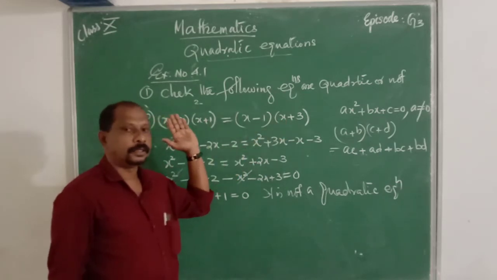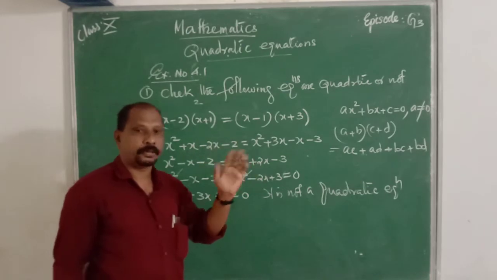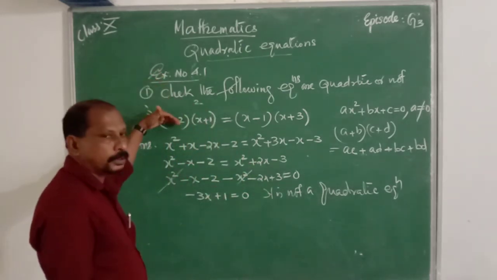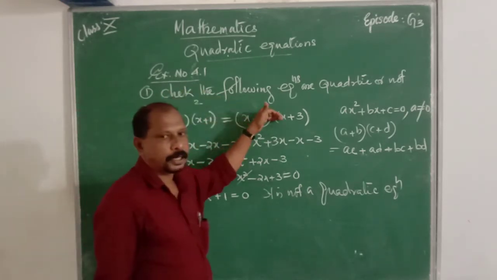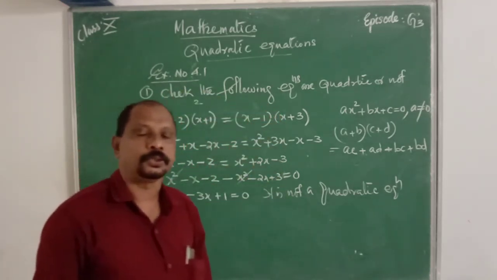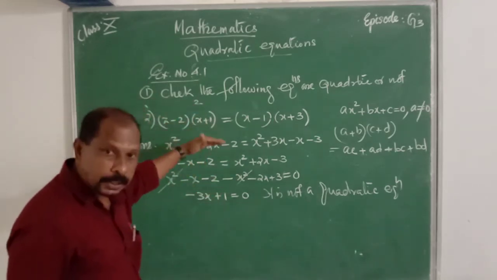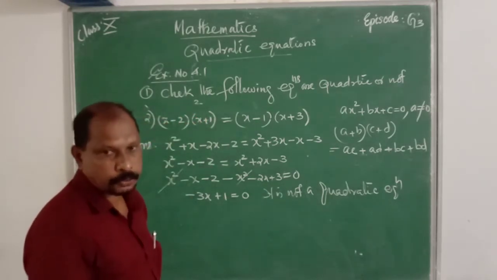There are the same terms on the left and the right, so we can cancel them. That means the x square term reduces to 0. Therefore, by inspection, we know that this is not a quadratic equation.